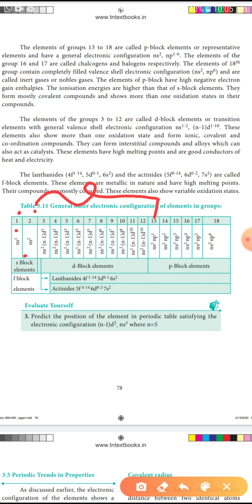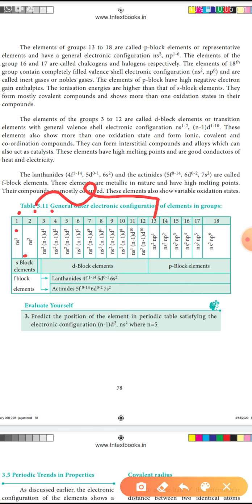The third group outer electronic configuration is ns2 (n-1)d1, that is, 2 plus 1 is 3. Next, the fourth group is ns2 (n-1)d2. Next, the fifth group is ns2 (n-1)d3, 3 plus 2 is 5.